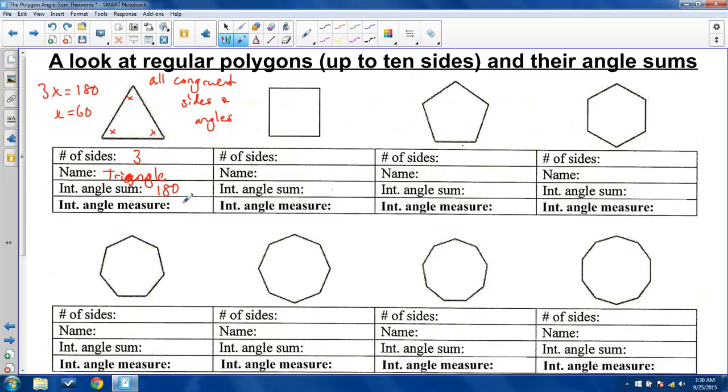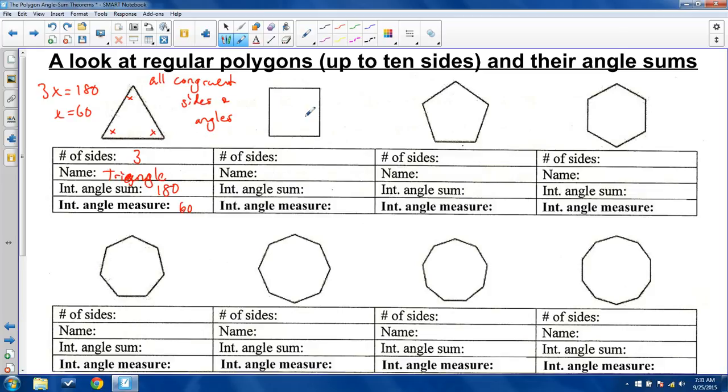So you can actually find out the angle measures of regular polygons just by knowing the number of sides. Just by knowing the name of the polygon, you can now know the number of sides, and then you can divide by the number of sides. That was 180 divided by 3, and get the individual angle measures. So notice each time we do this, we're going to do the sum of the interior angles divided by the number of sides, or number of angles, if you'd like to put it that way.